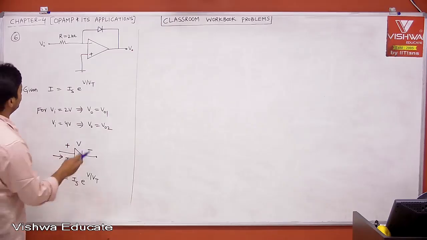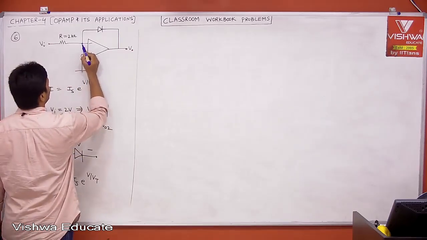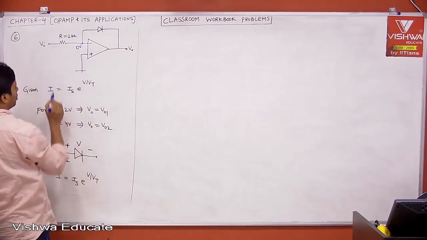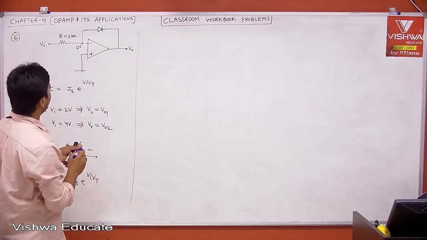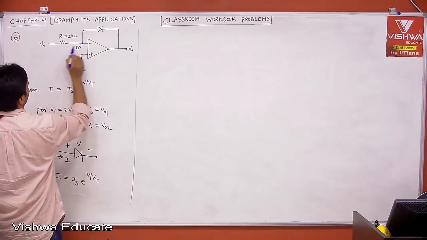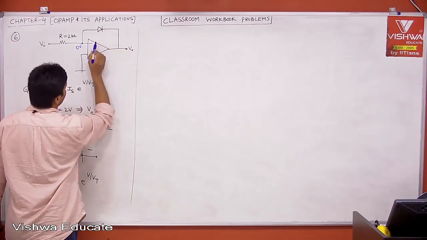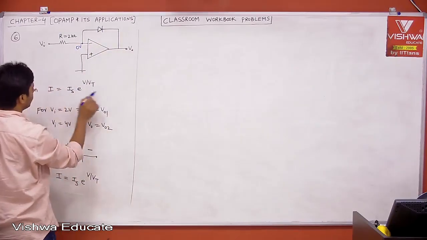Therefore, for positive voltages, what is this? 0. And Vi is positive. Therefore, for positive values of Vi, apply nodal analysis. Current leaving from this node plus current leaving from this node. We cannot write 0 minus V naught by R.